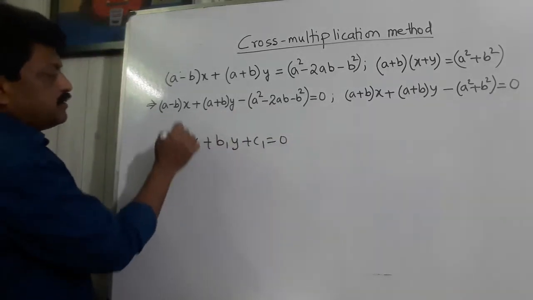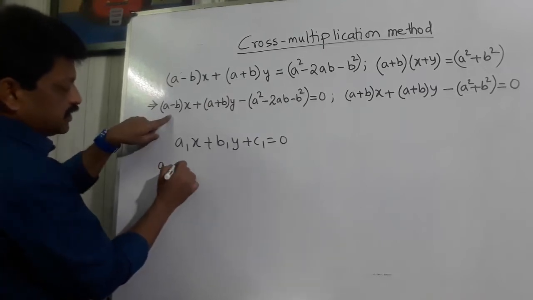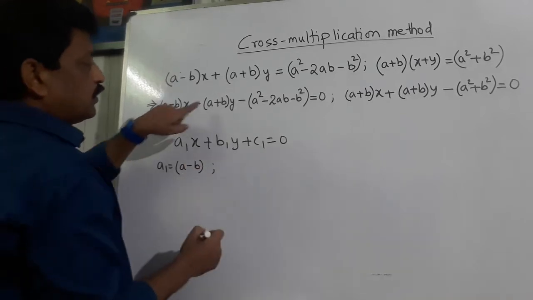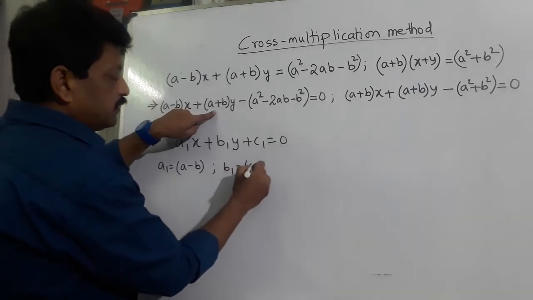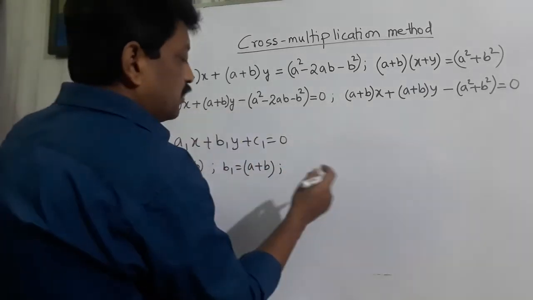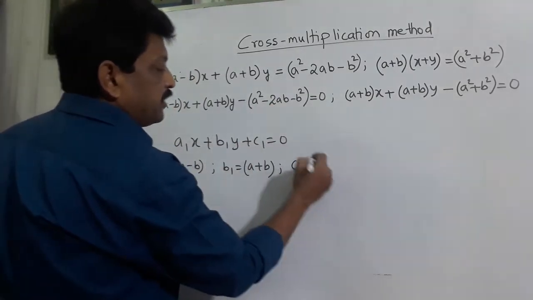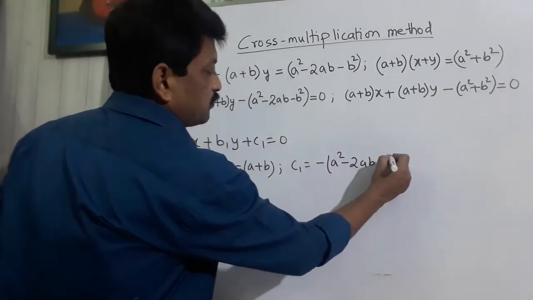So we are getting a1 equals a minus b. The coefficient of x is a1, the coefficient of y is b1, which is a plus b, and the constant term is c1, which is minus of (a square minus 2ab plus b square).